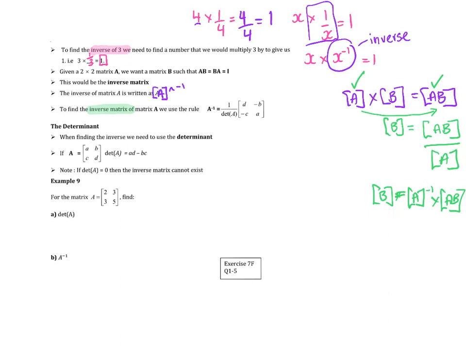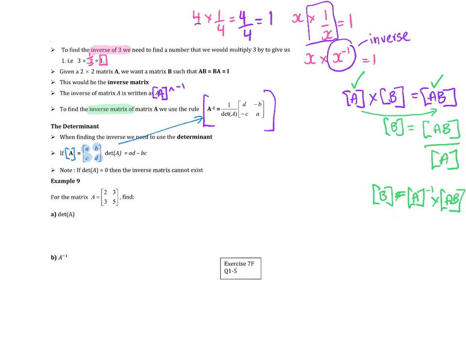So you've got a formula here of how to find the inverse matrix. This is if you've got a 2 by 2, and that's the only one you're ever going to get asked manually. So if you look here, we've got matrix A, and it has its 4 elements A, B, C, and D. So you would have numbers there. The way you get the inverse is you follow this rule up here.